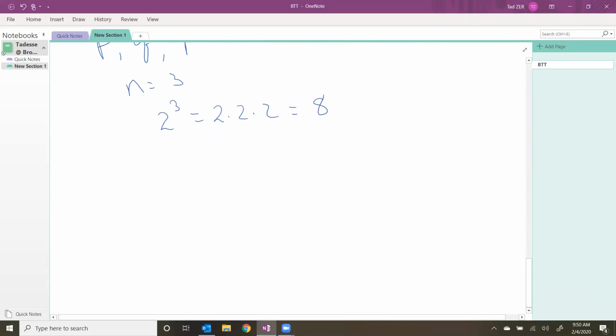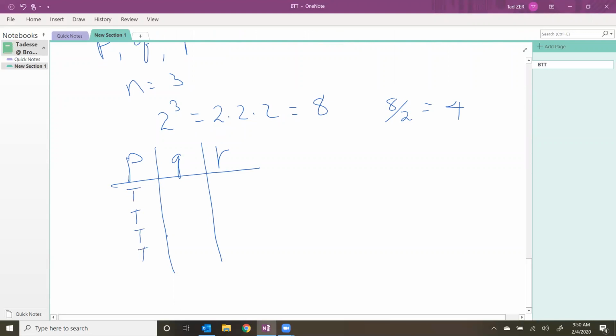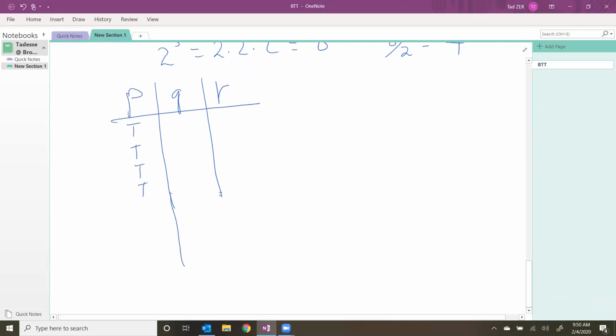So when you list 8, first you divide 8 by 2, which is 4. So 4 will be true, 4 will be false. True, true, true, true, and then false, false, false, false.